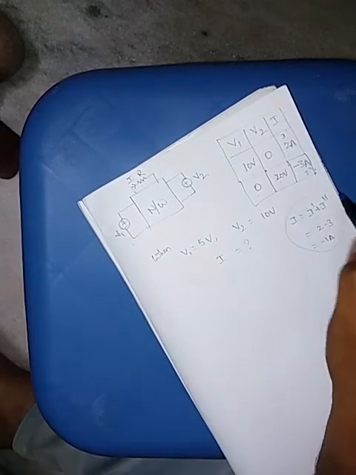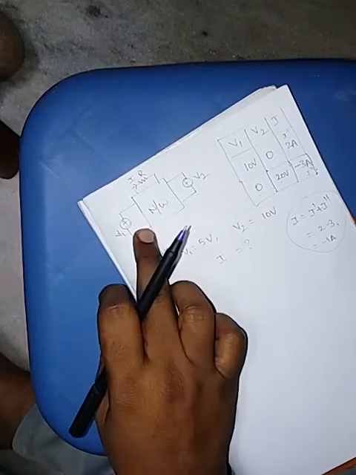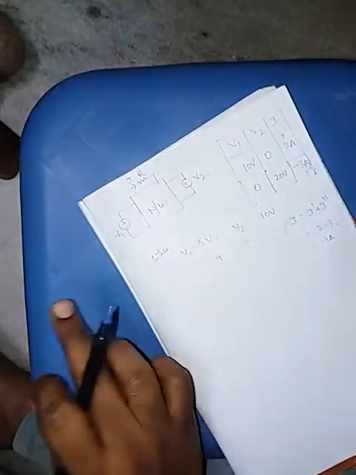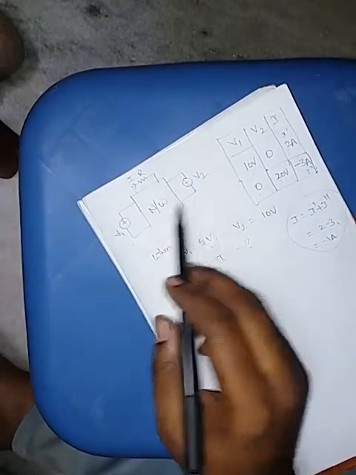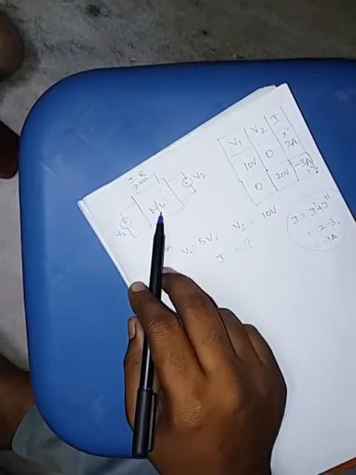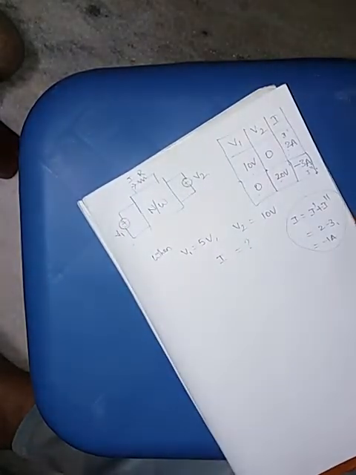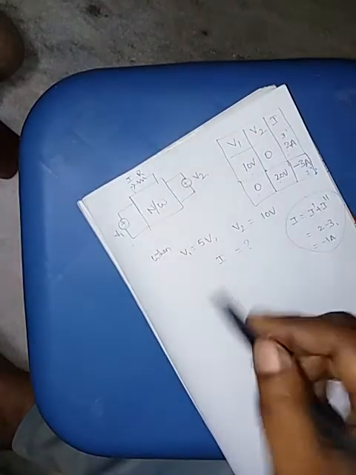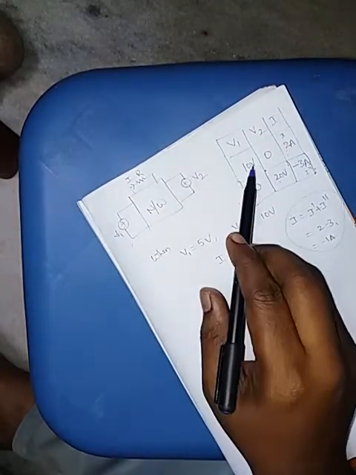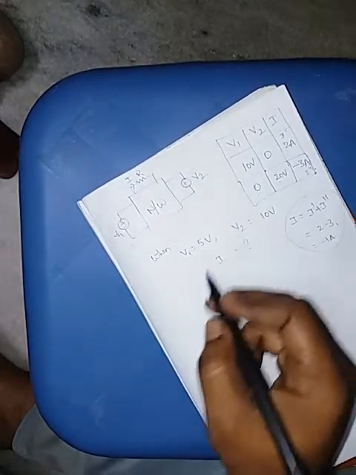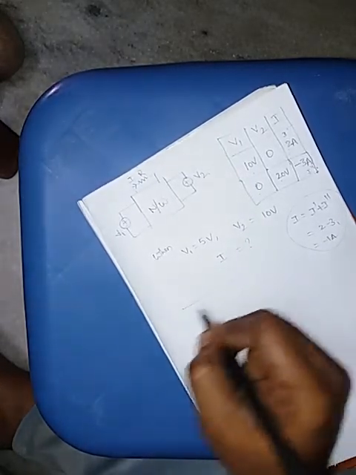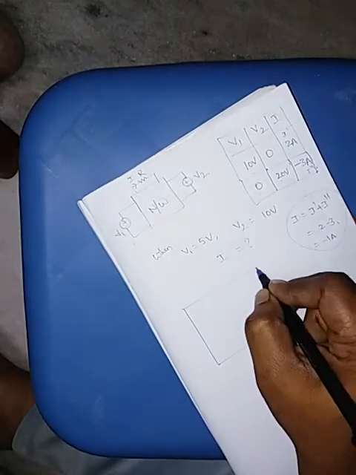So when the network is working with these two voltages as usual, that is 10 volts and 20 volts acting simultaneously on the network, then current is minus 1 ampere. Now he changed the values, that is V1 is 10 volts, V1 is 5 volts. When V1 is 5 volts, the table is changed like this.